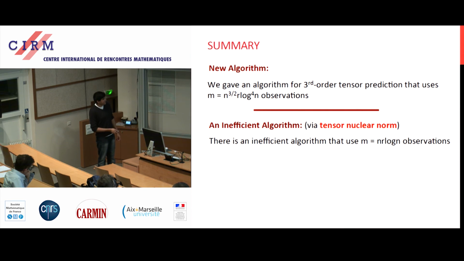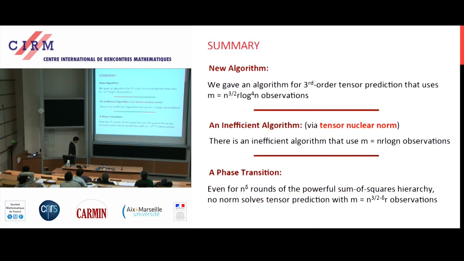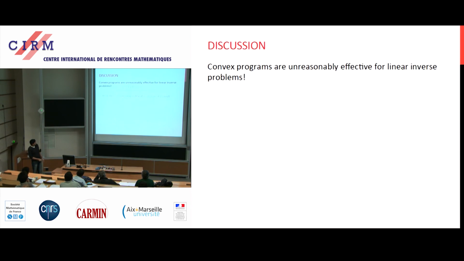There's an inefficient algorithm based on the tensor nuclear norm. So there's actually a computational versus statistical gap here. When you look at linear inverse problems, we love to talk about compressed sensing and things beyond it, where it sounds like you can do everything, right? But the problems we're stuck on might exactly be cases where you can't do everything, and there actually is a non-trivial interaction between the two sides.